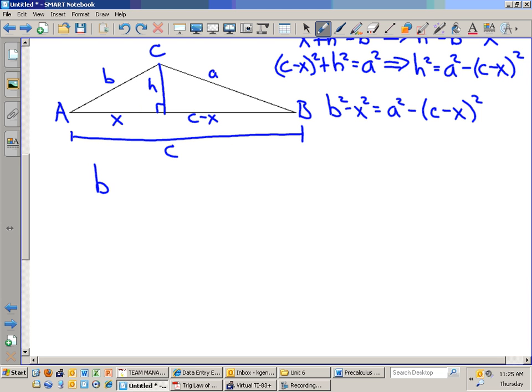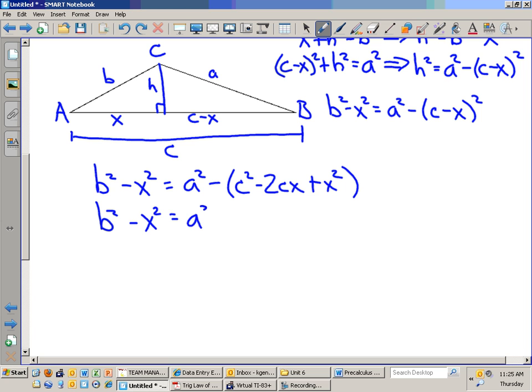I have b squared minus x squared equals a squared minus parentheses. What do you get if you square out c minus x? What are we going to get? C squared minus 2cx plus x squared. I'll distribute my negative sign through. B squared minus x squared equals a squared minus c squared plus 2cx minus x squared.